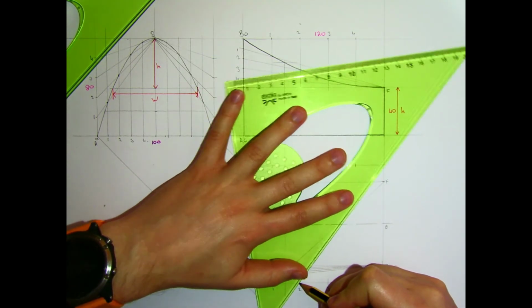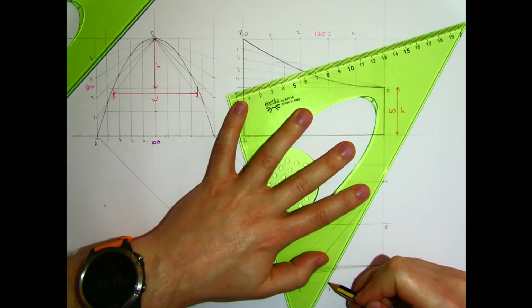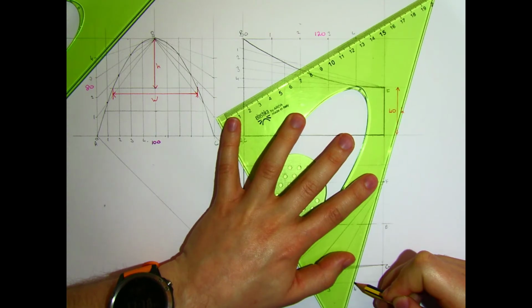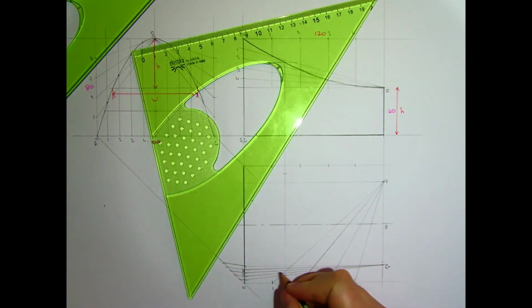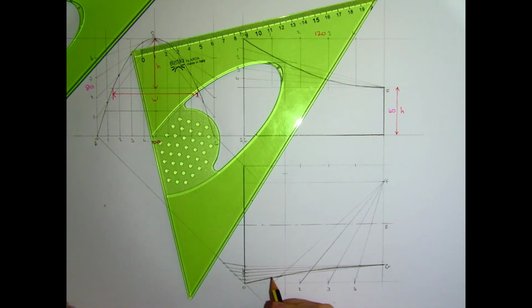These join to the opposite vertex. So where the 1's cross, 2's cross, 3's cross, and 4's cross, find up there at the end. Joining all these up together. And that gives me my curve.